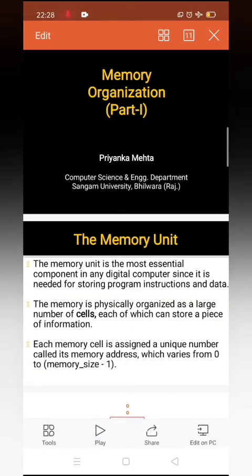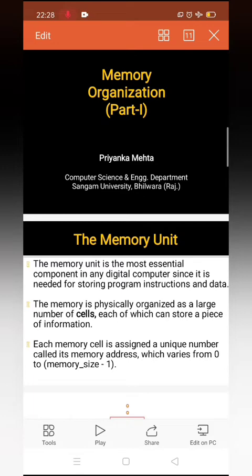So students, let us first try to understand what is the need or requirement of a memory unit in a computer system. Well, a computer memory is just like a human brain. The things we see, the things we hear, or the things we sense or feel, all this information is stored in our brain or memory.